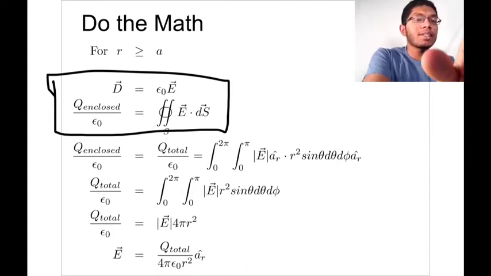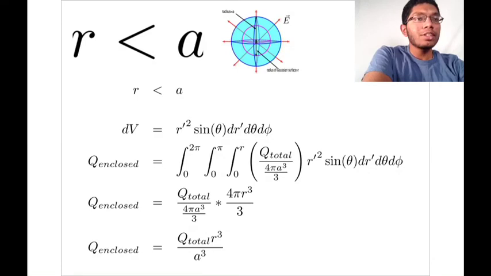Now let's find the parts for r less than a. Here I'm solving the Q enclosed for r less than a. I'm using prime notation in the dV element. Notice it's essentially the same except you put primes on the r's.